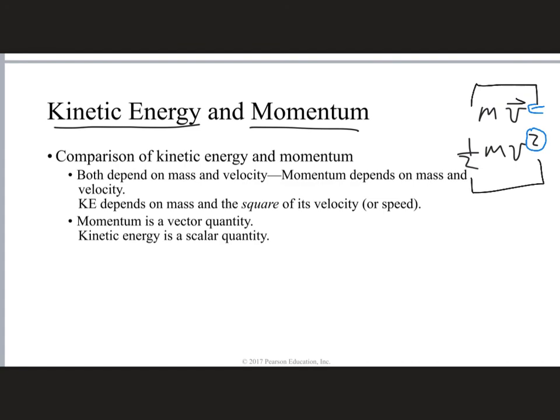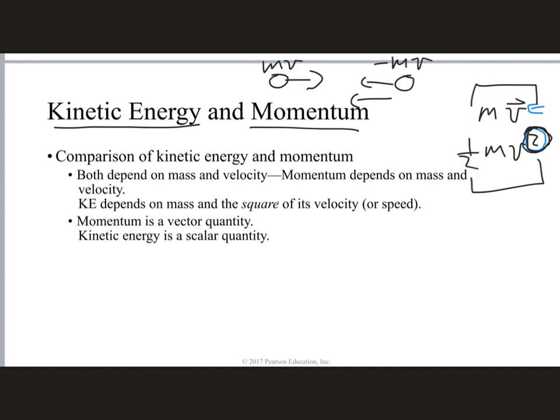So remember, with momentum, you could have an object going this way, mv, and you could have an object going this way, and that would be minus mv because the velocity was in the opposite direction. It would be negative. But when you square a negative, you end up with a positive number. So you can't have a negative kinetic energy because the direction doesn't matter. It's a scalar quantity.